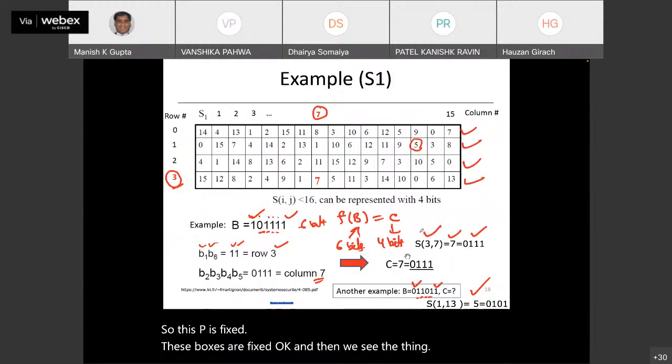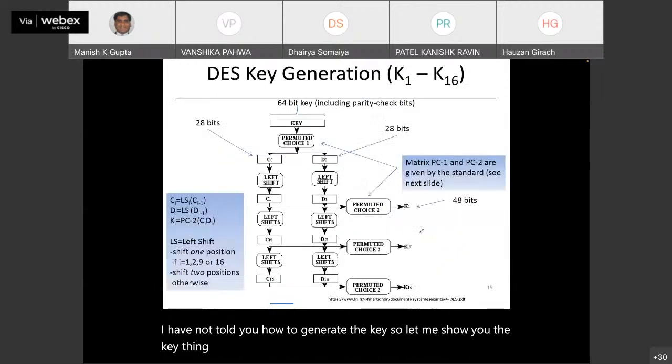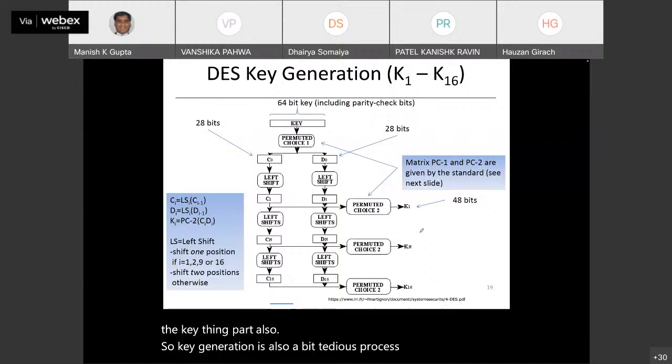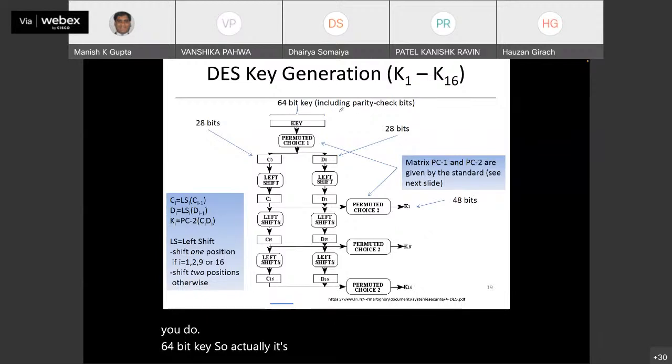I have not told you how to generate the key. So let me show you the key part also. Key generation is also a bit of a tedious process, but anyway, what you do, 64-bit key. Actually it's including parity check bits, as I mentioned, otherwise it is a 56-bit master key.